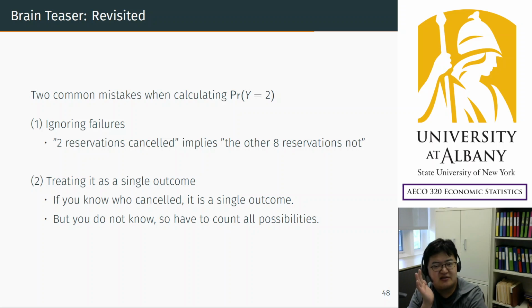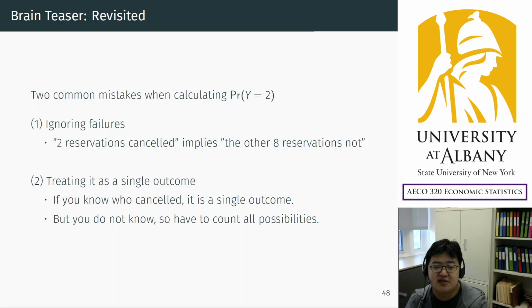It's not explicitly stated. So when I say two reservations are canceled, then you also have to think about the other reservations not being canceled. So this part is often ignored. So that's a mistake.